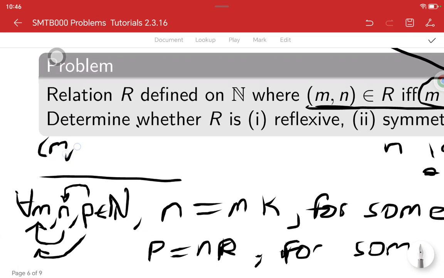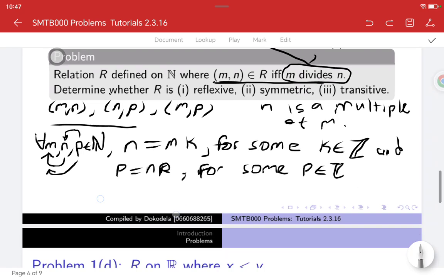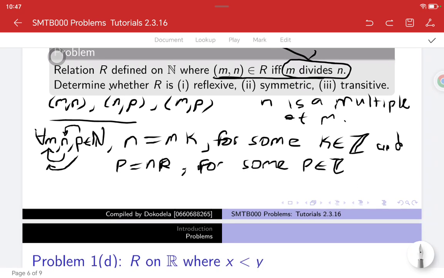We have m, n, then we take n, p, then we take m, p. So this way we must arrive. First we took that m divides n, then we took that n divides p, then m should divide p. You see, right?